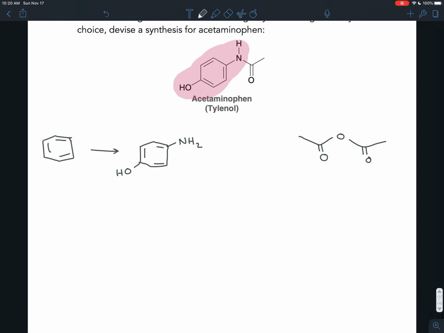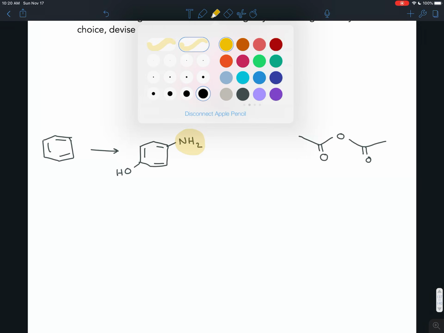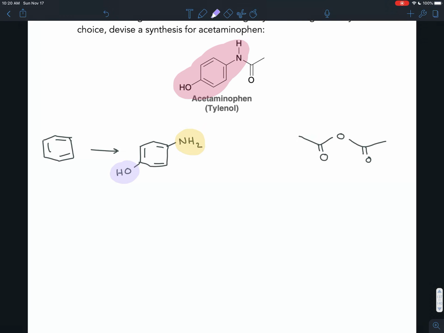Well, we want to put two things onto this benzene ring. We want to put a nitrogen, an NH2, and we want to put an OH. And those are going to require very different types of reactions. First, the nitrogen. We only learned one way to put a nitrogen onto a benzene ring, and it was nitration.